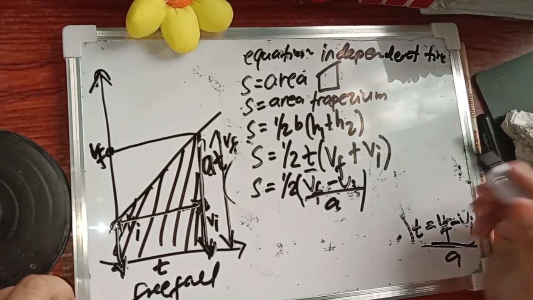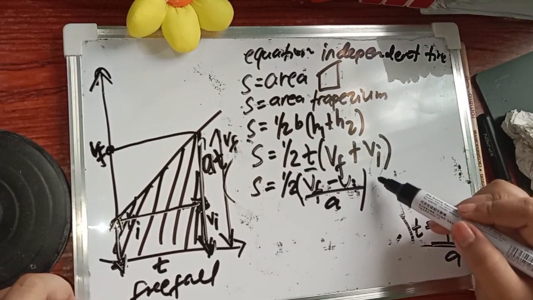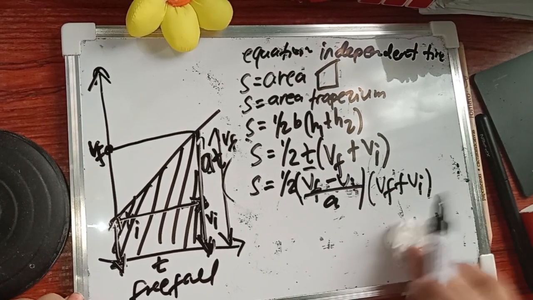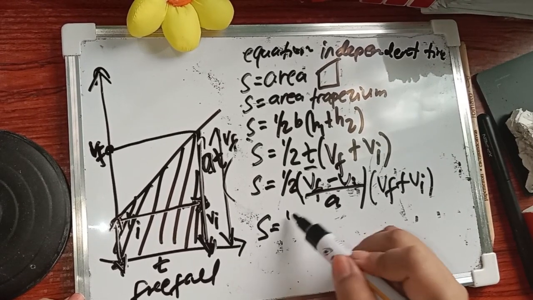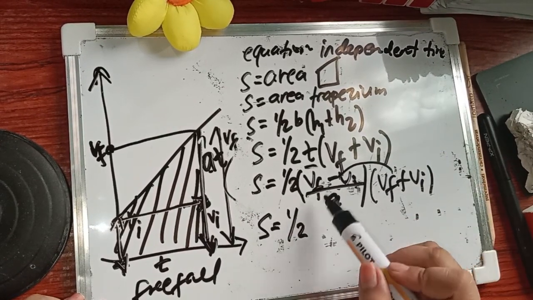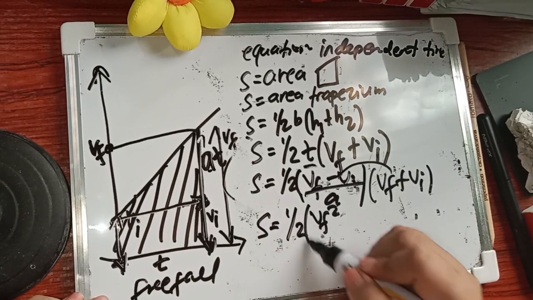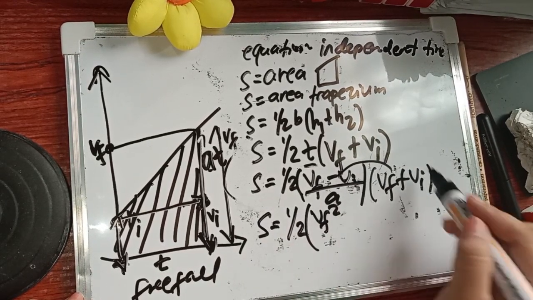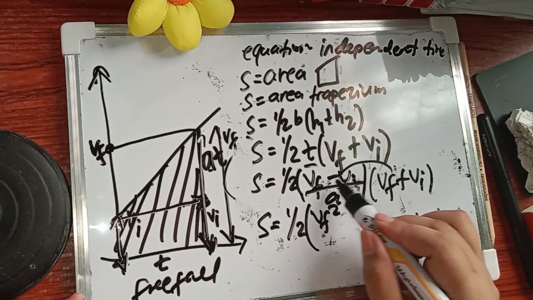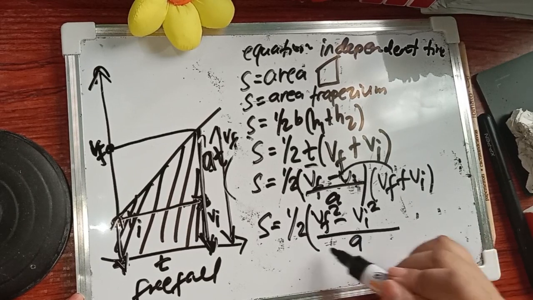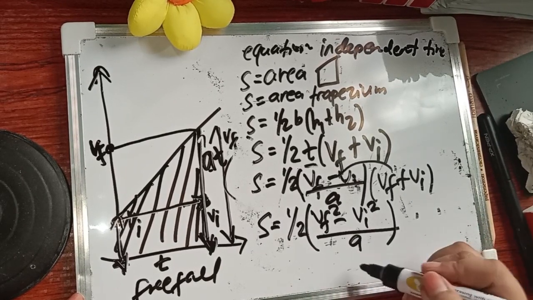And then multiply v sub f plus v sub i, right? And then simplify: s equals 1 half, and then multiply vf by vf, that's vf squared, right? And then vi multiplied by initial velocity, that's vi squared, of course negative because they have different signs, minus vi squared over a. We can still simplify this 1 half.